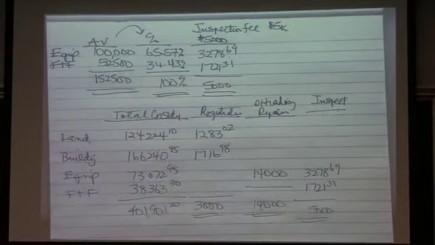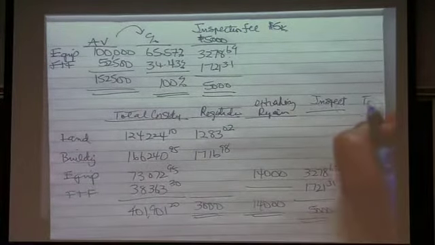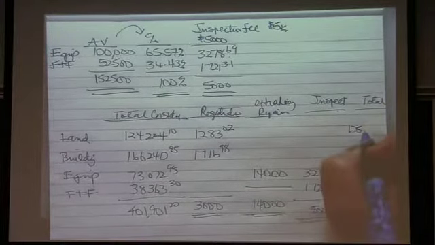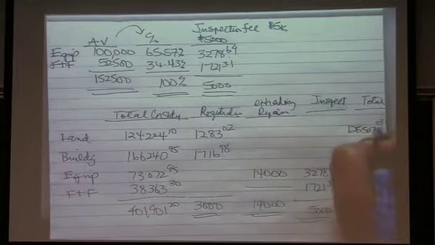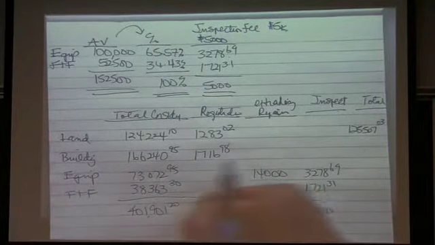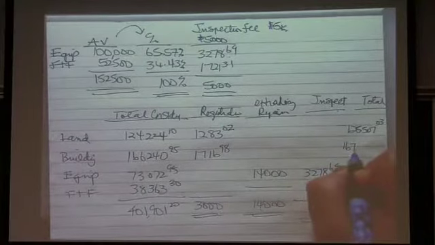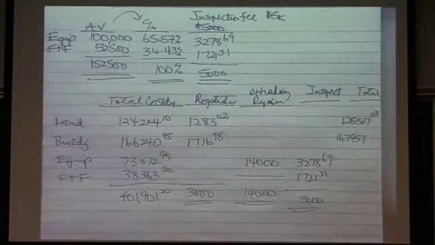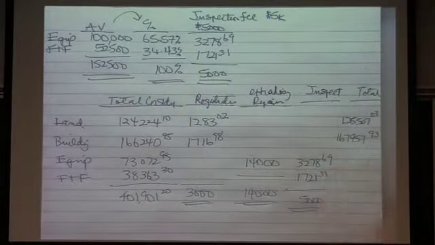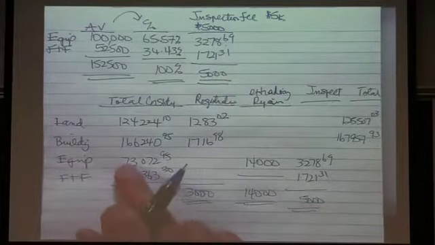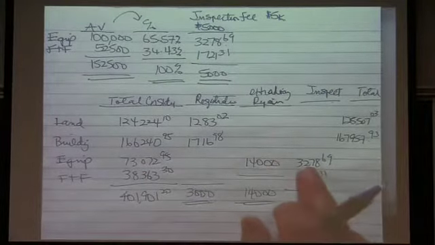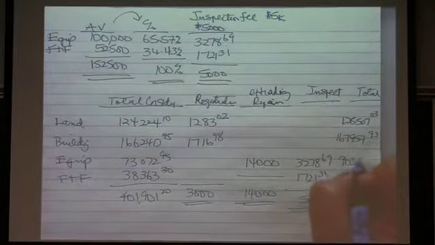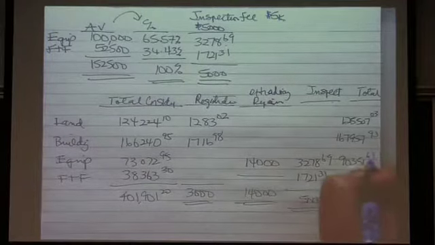Okay, so if we add them up, land we get 125,507.03. Building should be 167,957.93. Equipment should be 73,000 plus 14 plus 3, that should give us 90,351.63.